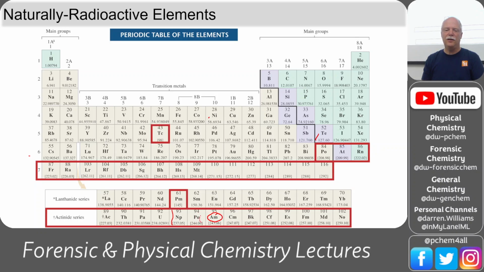Only in certain places on Earth have we had sort of spontaneous nuclear reactions where we can form some of these transuranic elements. Okay. This technetium-99m is one that we use every day in hospitals all over the world for nuclear stress tests.